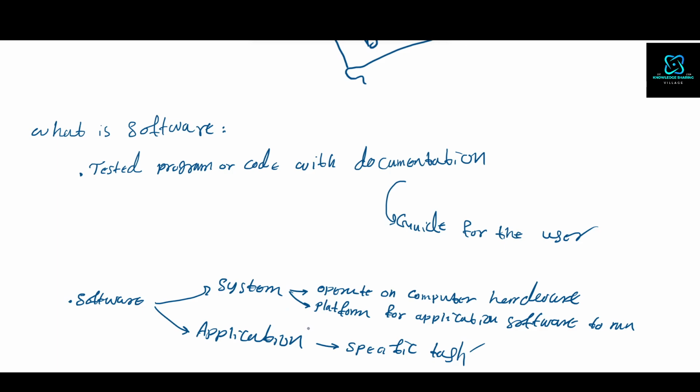It's software that is designed for a specific task, performing a specific task. For example, an example of application software can be your music player. Then you have others that you can edit photos with. These are application software.